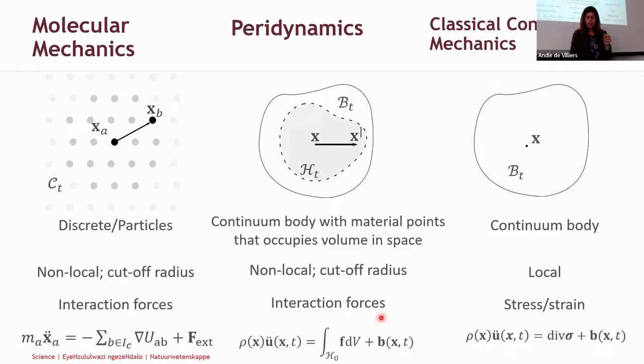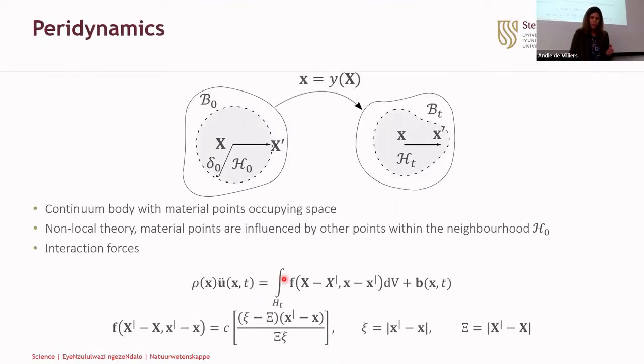And the interaction forces can then be written as an integral. So here we can see how the force on this point is really non-local. It's an integral over this neighborhood. In the original formulation of peridynamics, which is now called bond-based peridynamics, the forces were also only dependent on the stretch.